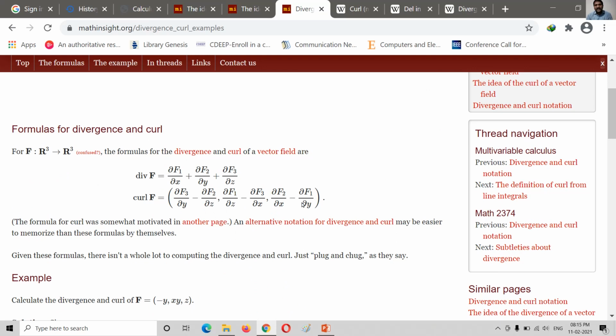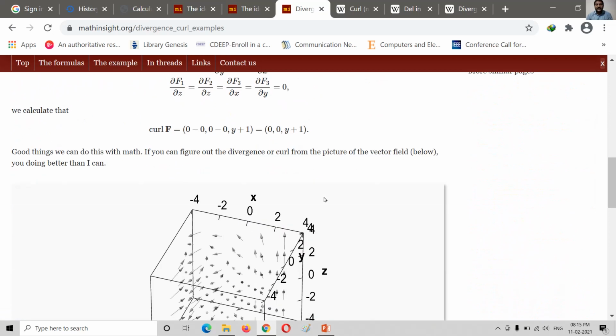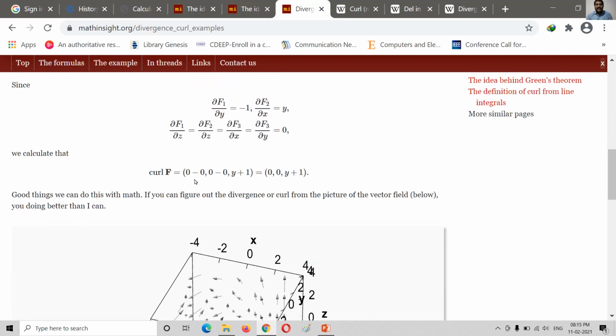Because I want these terms: del by del y of F3 minus del by del z of F2, del by del z of F1 minus del by del x of F3, del by del x of F2 minus del by del y of F1. So I calculate these, add everything, and finally get the value y plus 1.